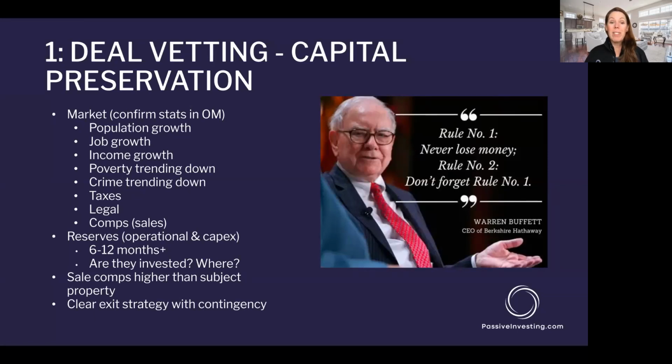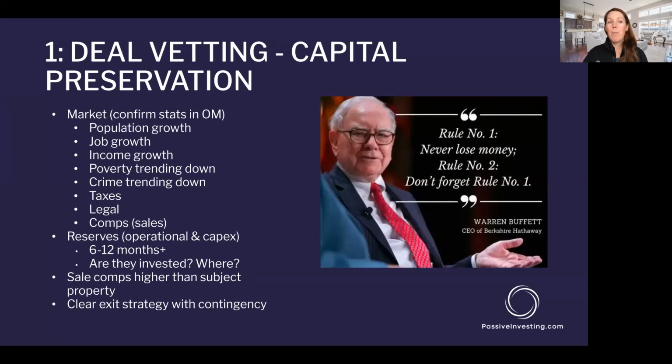And if they are, where is it, what's the liquidity of it, and how well protected is it? I think this is again a part of the vetting process that investors don't quite know to ask. So I would add this, especially in this environment. Liquidity is everything. Where is that cash being invested?